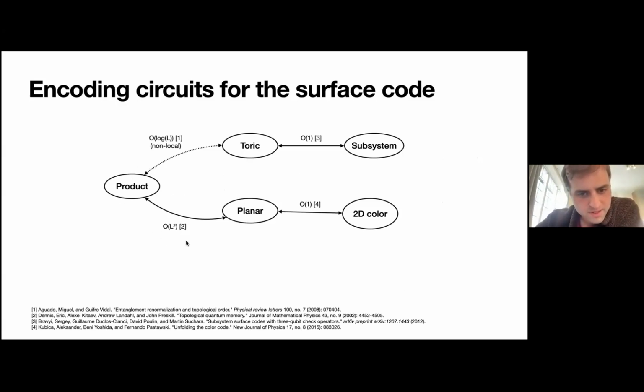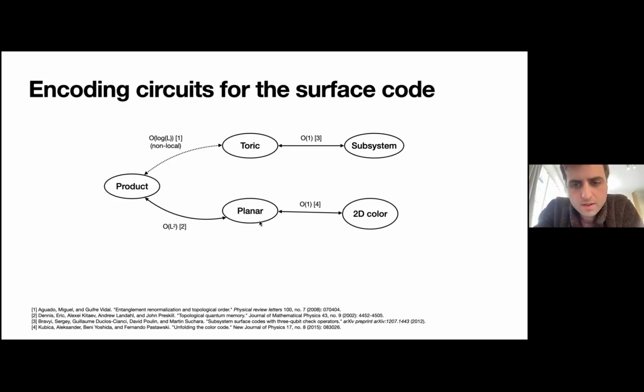The best known local unitary encoding circuit for the planar surface code had a complexity of order L squared, in the Dennis et al. paper, and there's a log L complexity non-local unitary encoding circuit for the toric code. It's known that there's a lower bound of linear order for encoding the planar code.